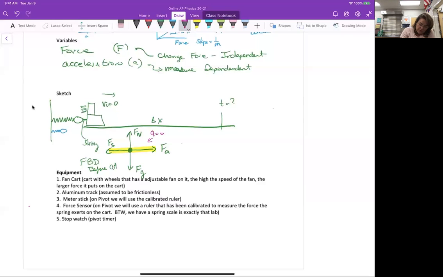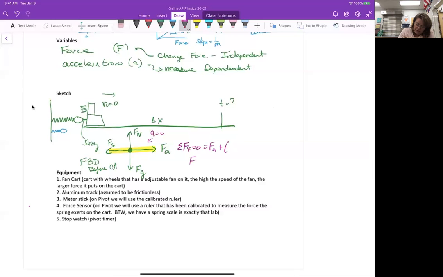So I know that the forces in the x direction have to equal 0 because it's sitting there with 0 acceleration, and I can say that is equal to the force applied by the fan, which is my source of power, minus the force of the spring, because the spring is to the left, and then those are equal to 0 when I add them up.